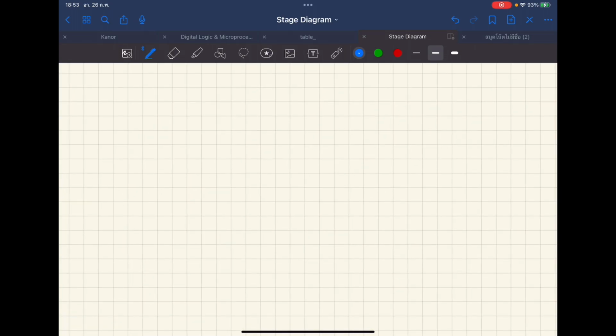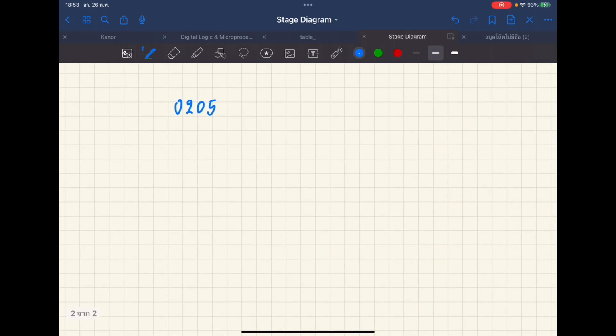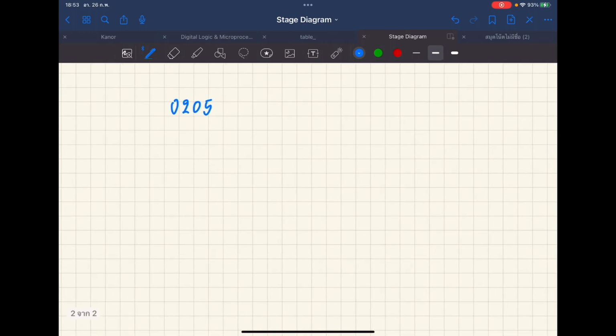My number for the door lock circuit is 0 to 0, 5. And then I set the button 0 as input W3, 2 as input W2, and 5 as input W1.